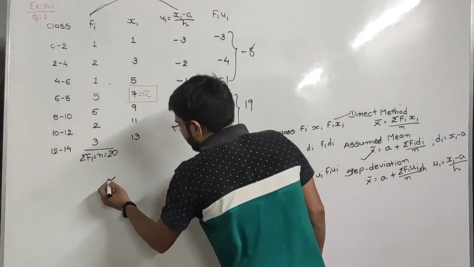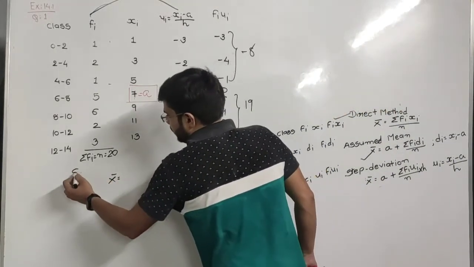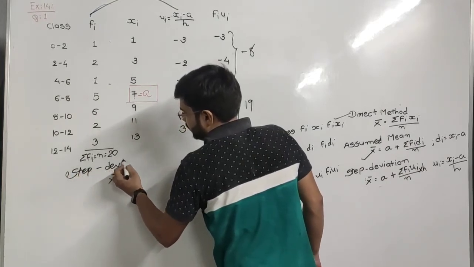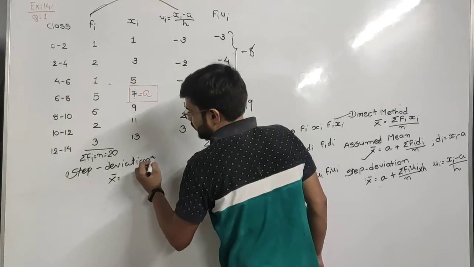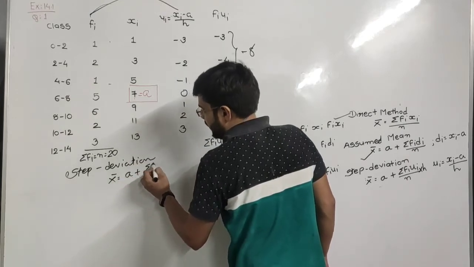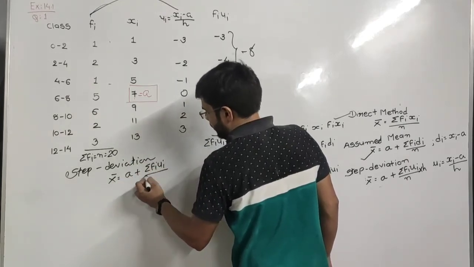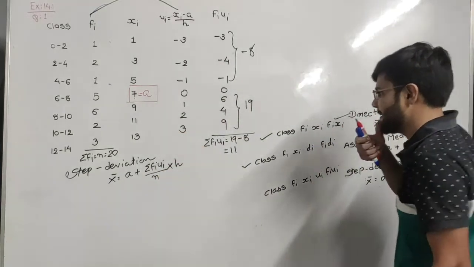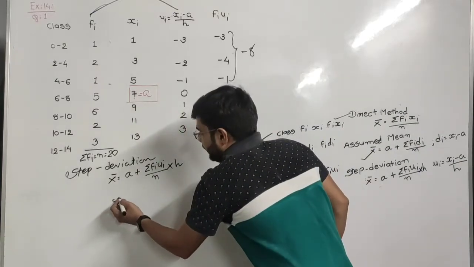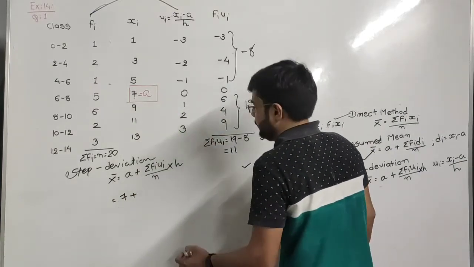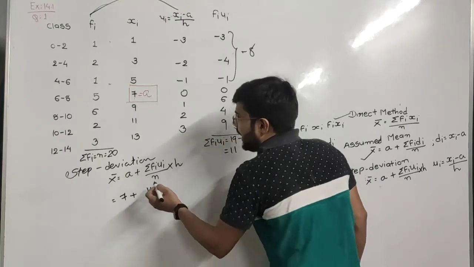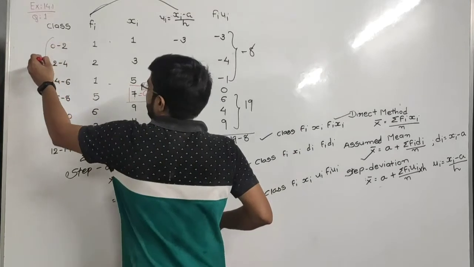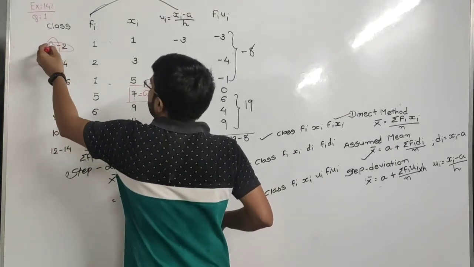So the x bar formula for step deviation is a plus sigma fi ui upon n multiplied by h, right? A is equal to what? 7. Sigma fi ui is equal to 11. h is equal to, you have to see this difference, and you have to take this difference, not that one.